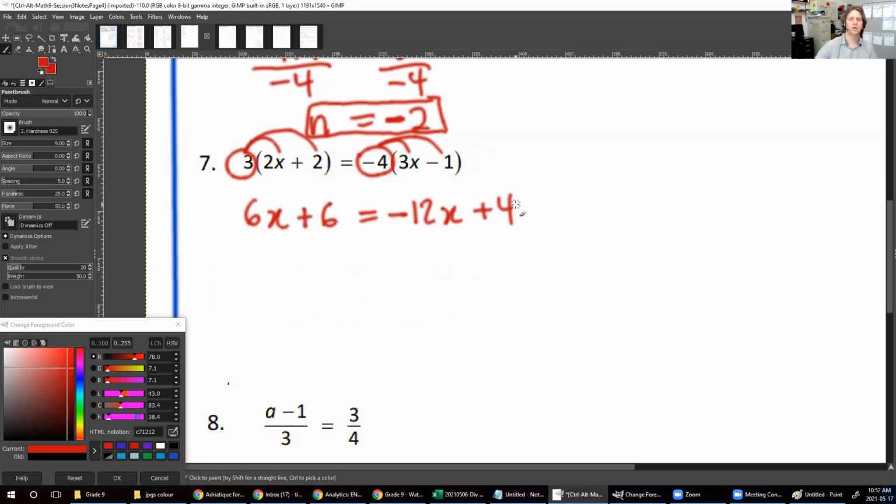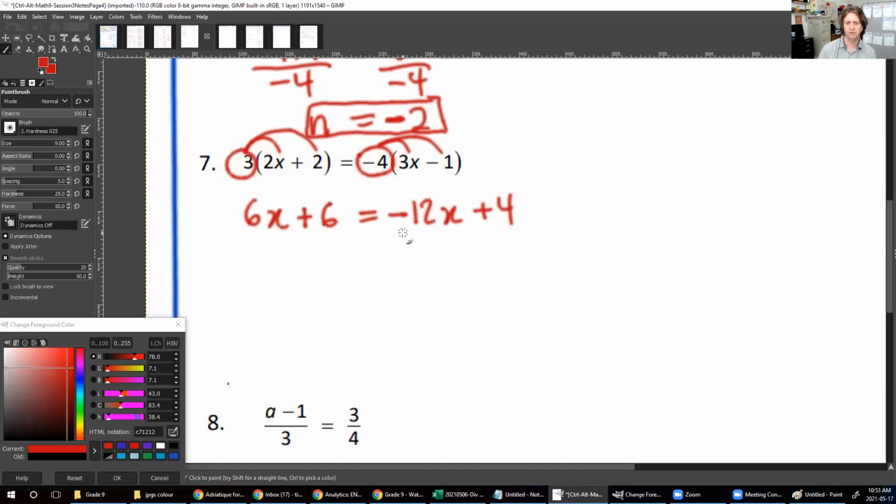Okay, here's where we have to make a decision. Do we move x's to the right or to the left? I look to see which one has the most positives. This one has the most positives over here, so I want to get rid of these and move them over, essentially. I just want to get rid of them on this side. I'm going to go with where I have the most positive x's. I'm going to do the x's first, and then I'll deal with the numbers next.